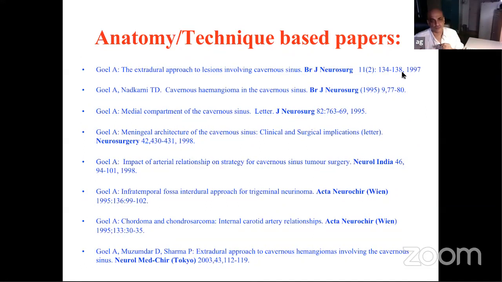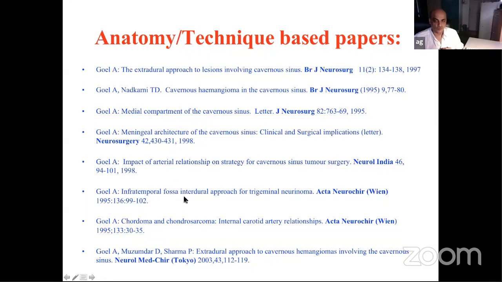MRI came into the picture of neurosurgery in 1987, 88. At that time, we were understanding the anatomical concepts of various regions, and so many of these articles of mine are from that time.